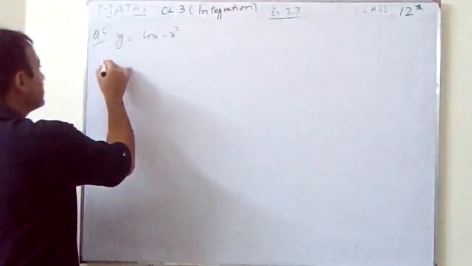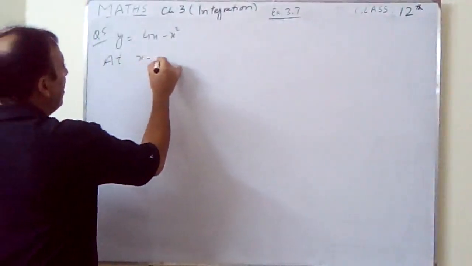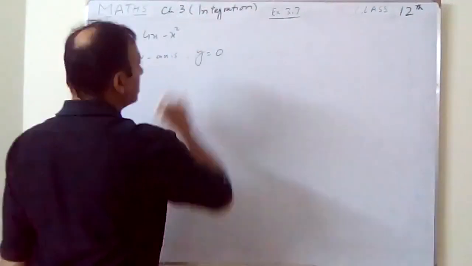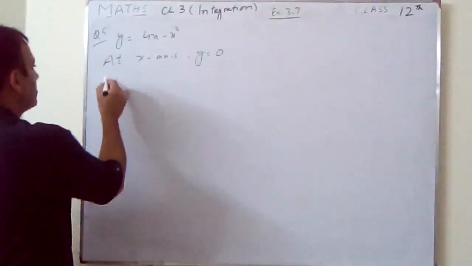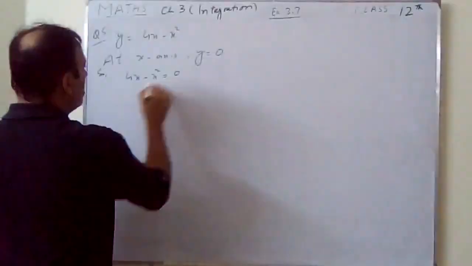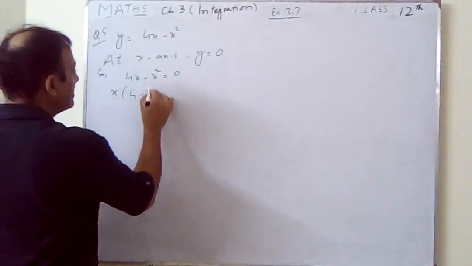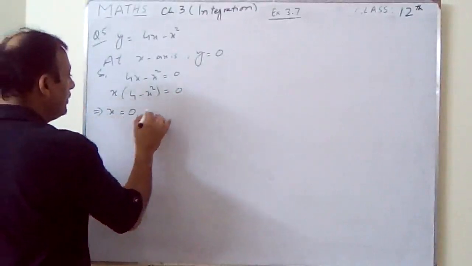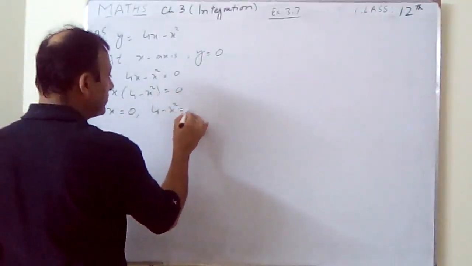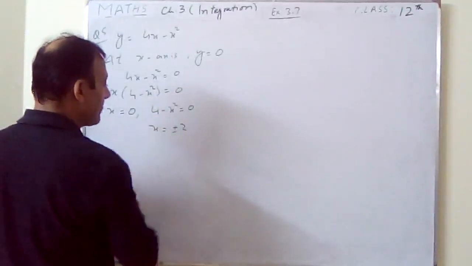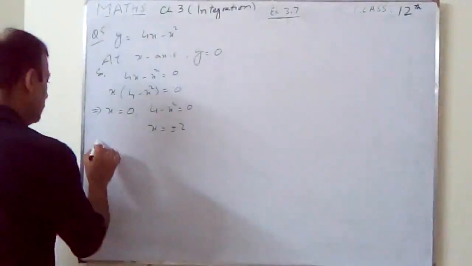When we say x-axis, it means at x-axis y is always 0. So 4x minus x square is equal to 0, or x is common, x times 4 minus x square is equal to 0. This implies that x is equal to 0 and 4 minus x square is equal to 0, or x is equal to plus minus 2.